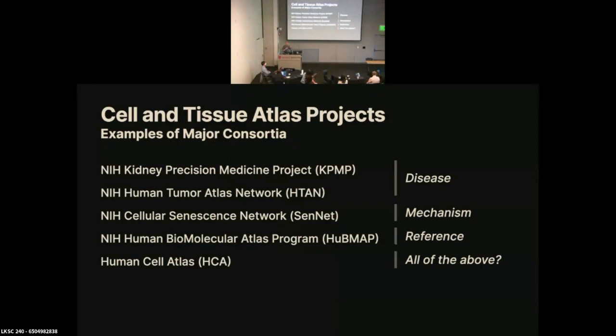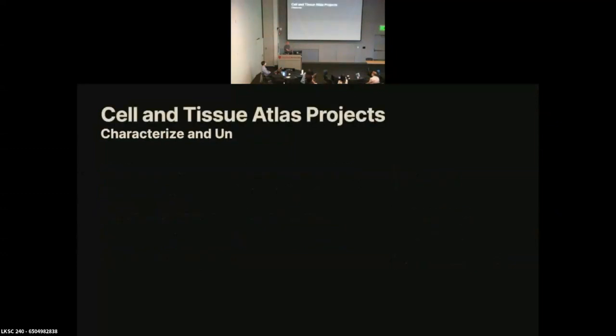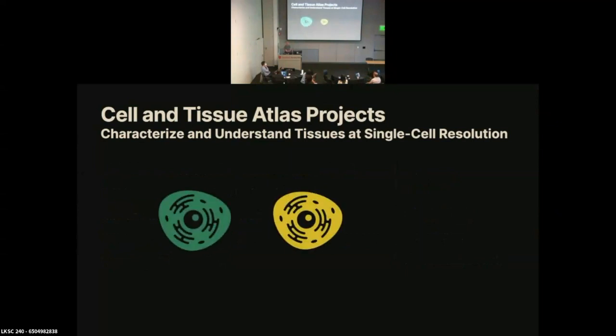And so after having worked in these projects for some time, we've tried to distill what the key questions are when it comes to visualization of spatial biology data. The goal always is to characterize and understand tissues at single cell resolution.